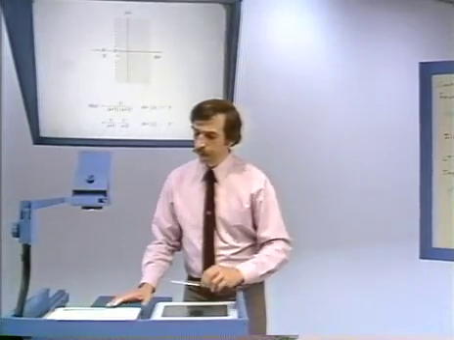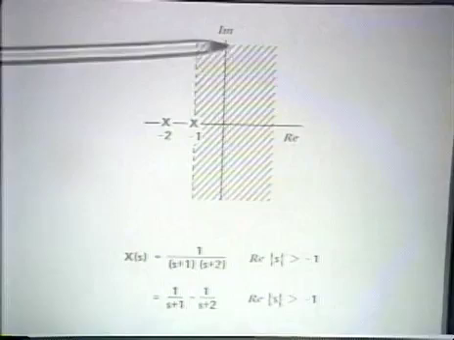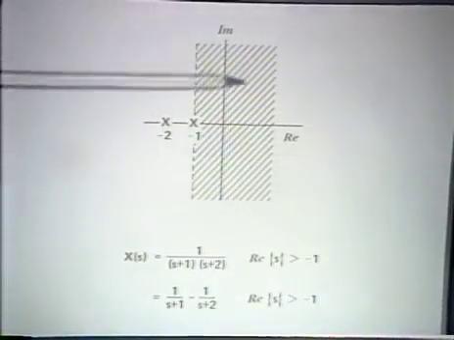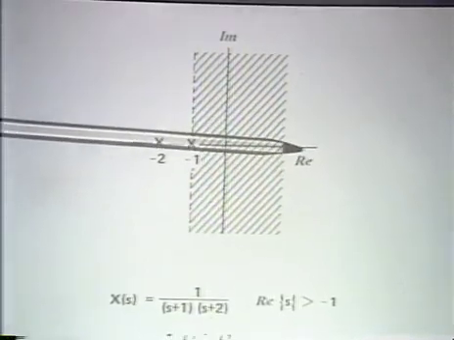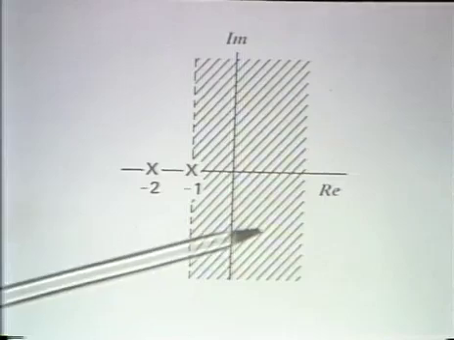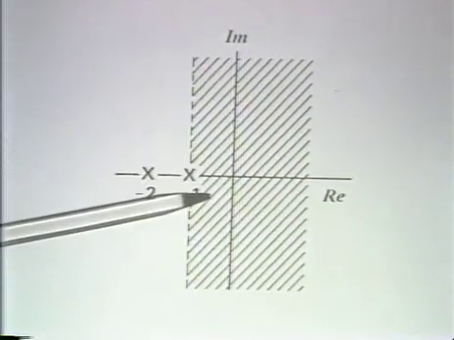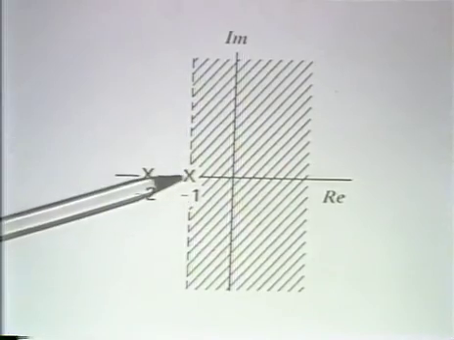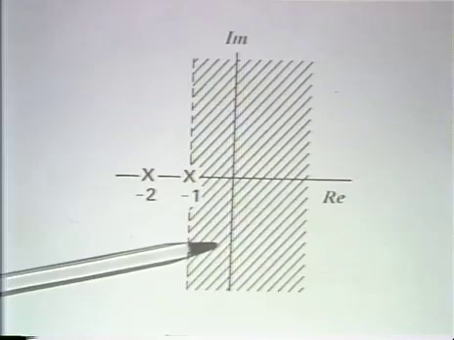Let's suppose that I have a Laplace transform, as I indicate here in its pole zero plot, and a region of convergence which is to the right of this pole. What we can identify from the region of convergence is that we're talking about a right-sided time function. So the region of convergence is the real part of s greater than -1.